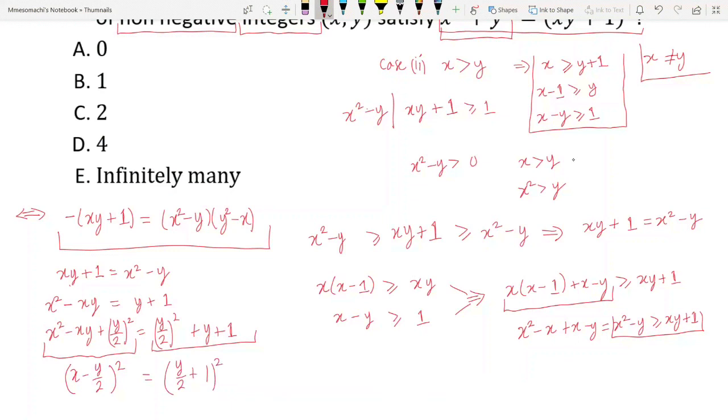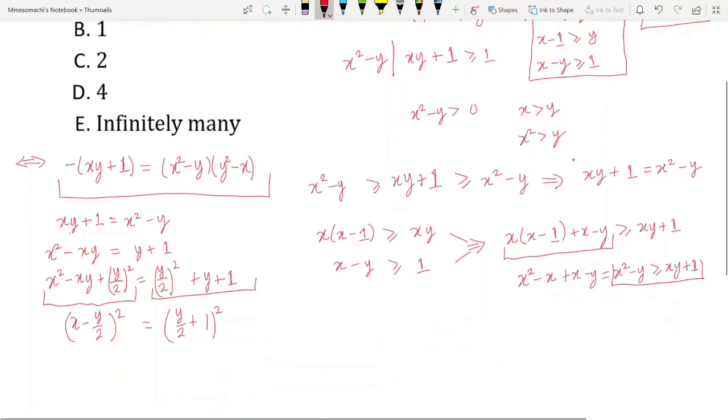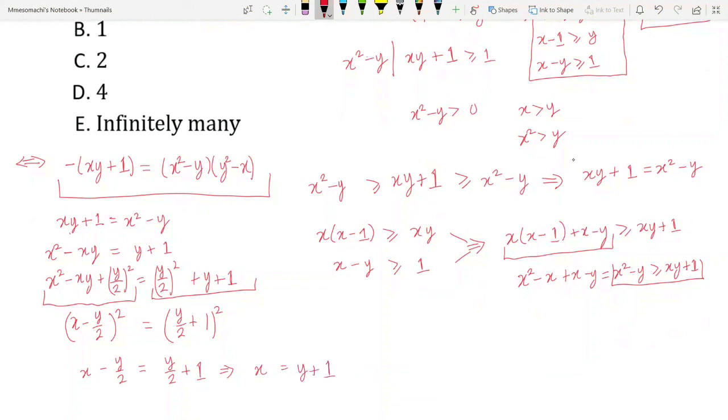Okay, so we have two cases. First case is x minus y over 2 equals y over 2 plus 1, which implies x equals, when we take y over 2 to the other side, y plus 1. Okay, so let's just keep this somewhere.